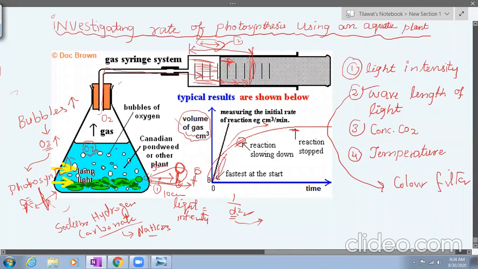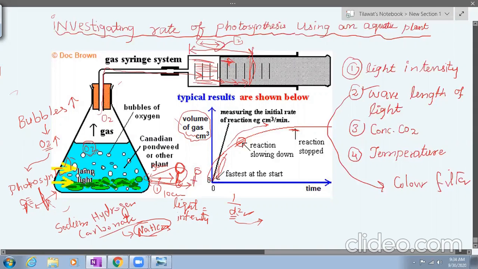in water. Right? So if I'm increasing this sodium hydrogen carbonate, it means more and more carbon dioxide will be produced in this water. So I can make different setups like this, and I can increase or decrease the concentration of sodium hydrogen carbonate. So for example, in one experiment, I keep it less, in another I keep it more.